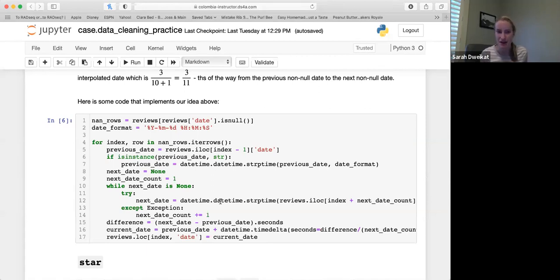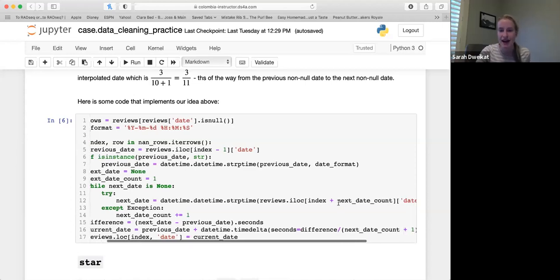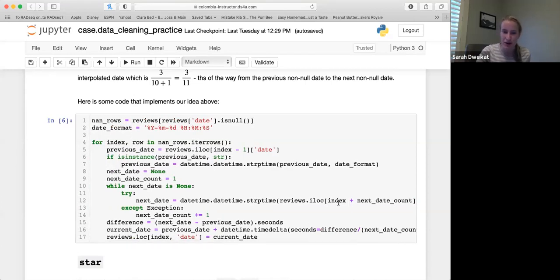You might run into some errors there, but going through your code line by line and trying to think about what each line is doing will be helpful in trying to figure out what's going on here, because this is kind of complicated in terms of all of the different steps that you have to take just to do something that sounds kind of simple, right? All we were doing here is filling in our missing values in increments based off of the previous available time point and the next available time point.